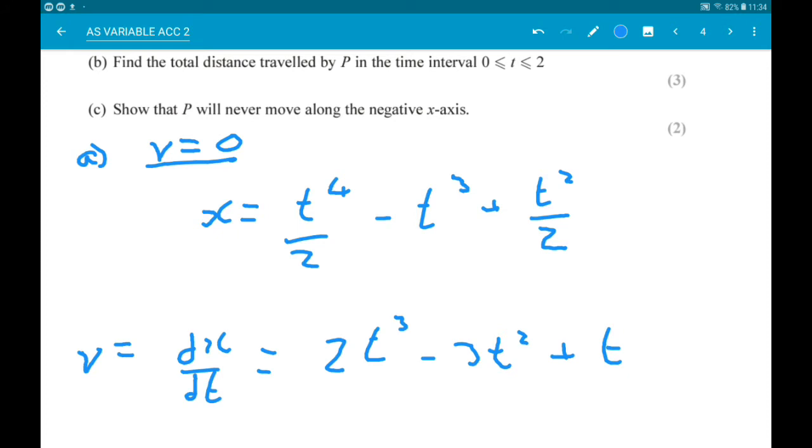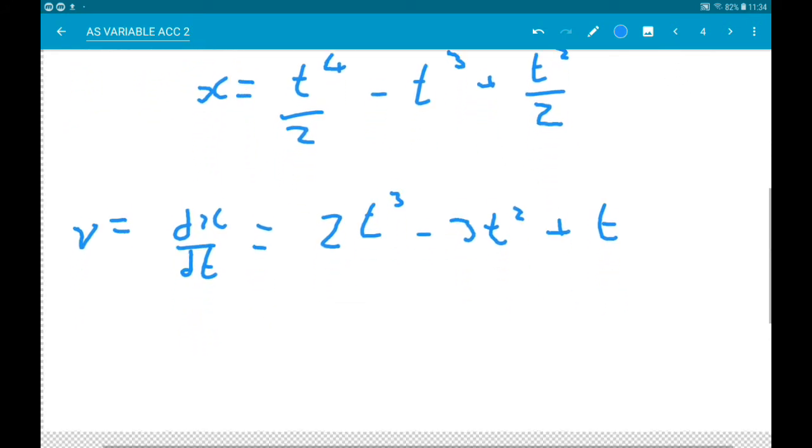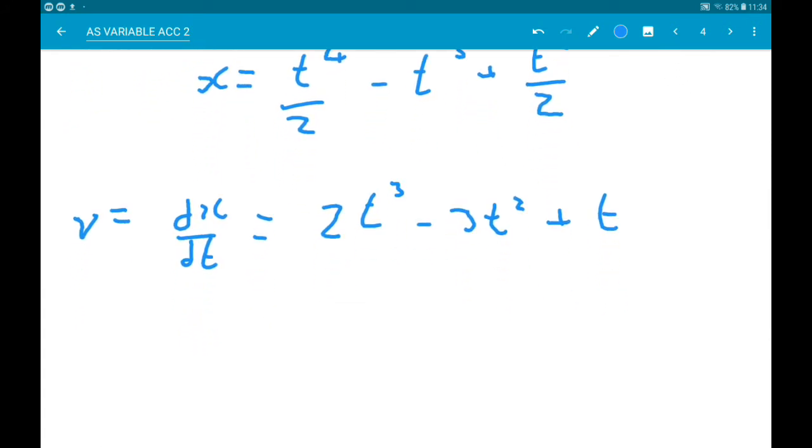Okay, now we want that equal to 0. And then we're going to solve it for t. So, 2t cubed minus 3t squared add t is equal to 0.